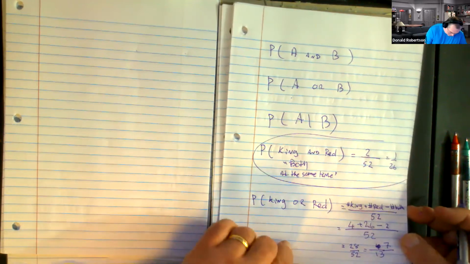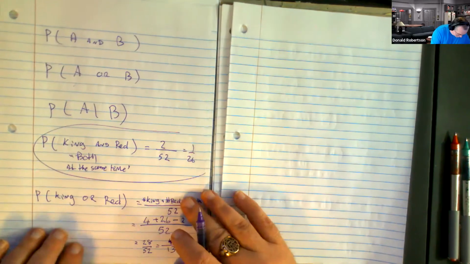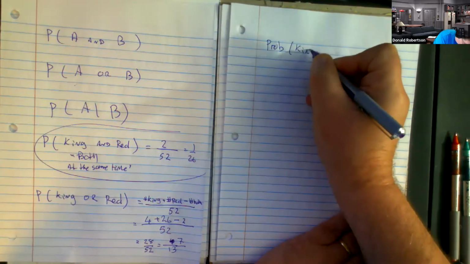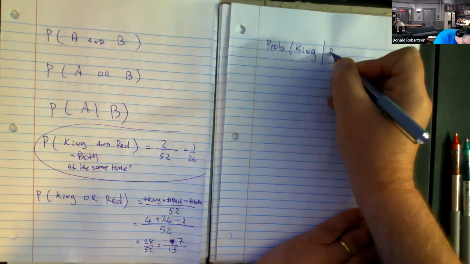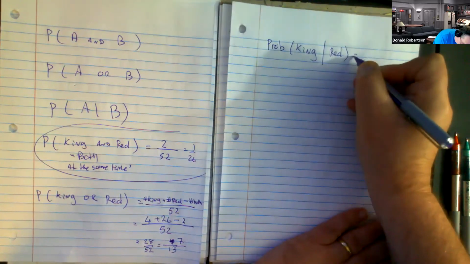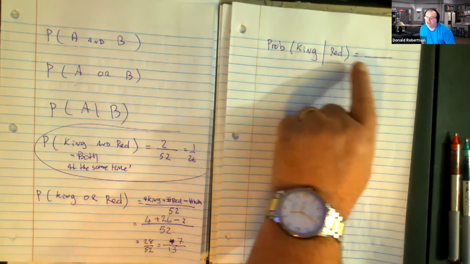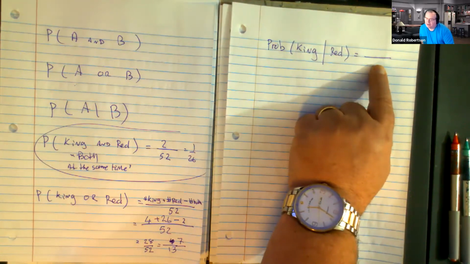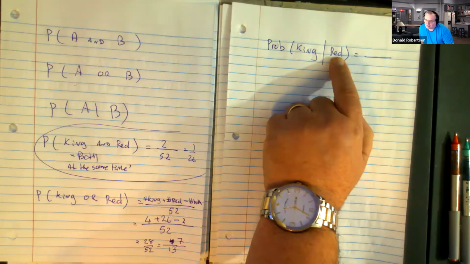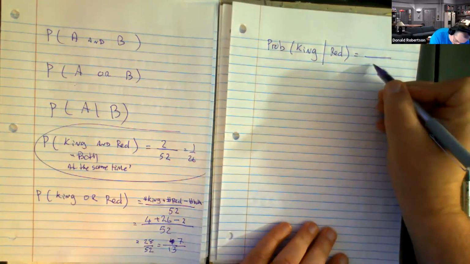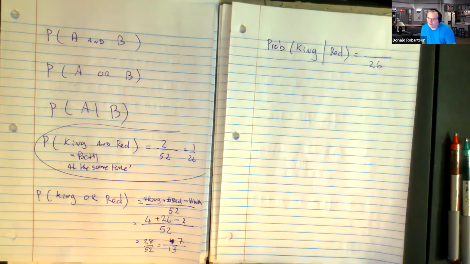Now the third one are called conditional probabilities. So let's see what that would look like. What's the probability that you get a king given that it was a red card? So you know that it's a red card. The given changes the bottom number typically. So in a normal deck of cards, if I tell you it's a red card, I'm looking at it and say, hey, I'll give you a clue, it's red. Doesn't that make it 26 on the bottom?